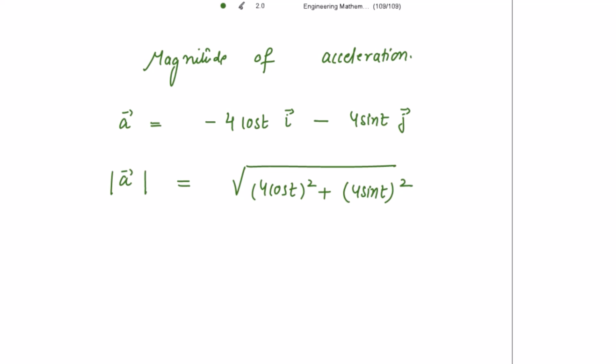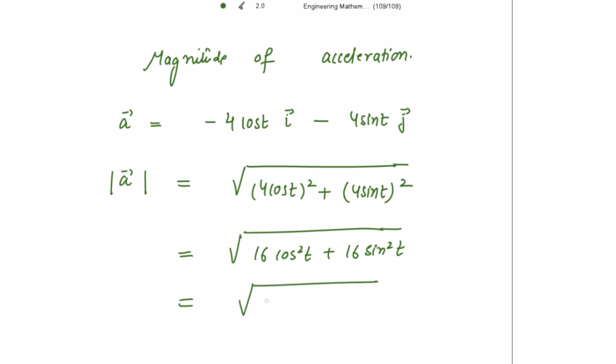So this is equal to the square root of 16 cos square t plus 16 sine square t. Taking 16 outside, we have cos square t plus sine square t, that is 1. So square root of 16 is 4. So the required magnitude is 4 for this acceleration.